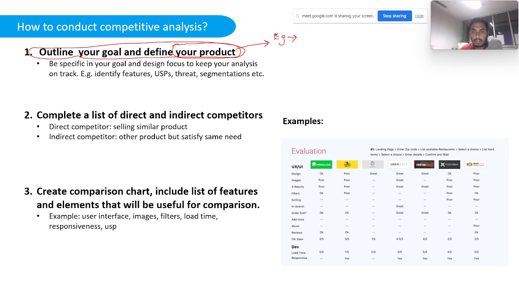Let's take an example from here itself. So if you want to establish as a company which will be considering delivery of food items to various locations, then that's probably one of the key business objectives that you have in your mind.